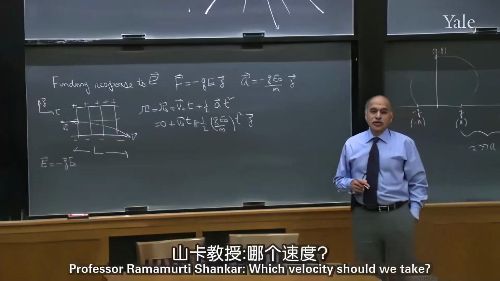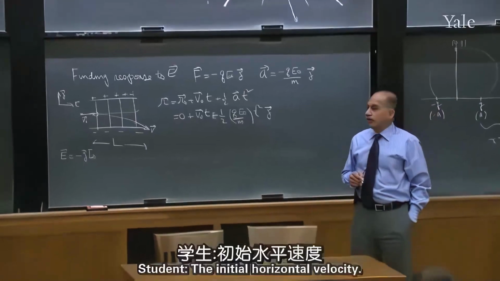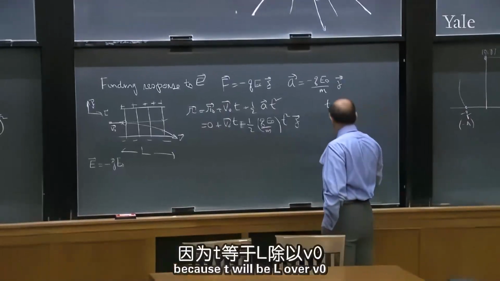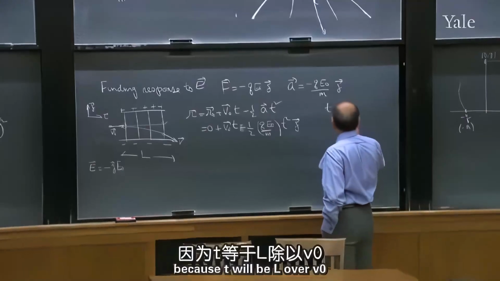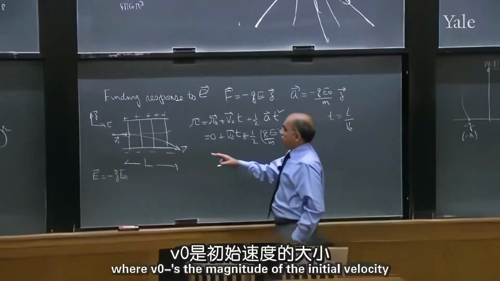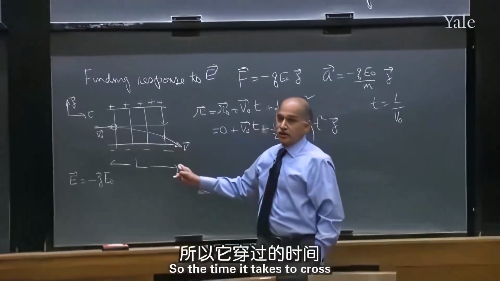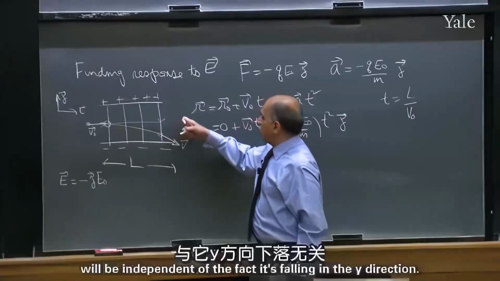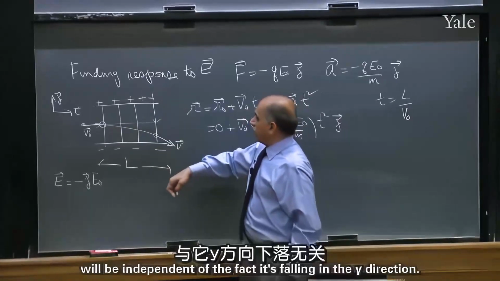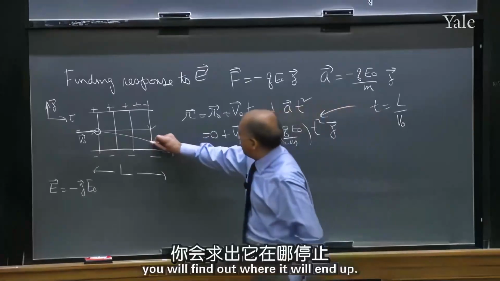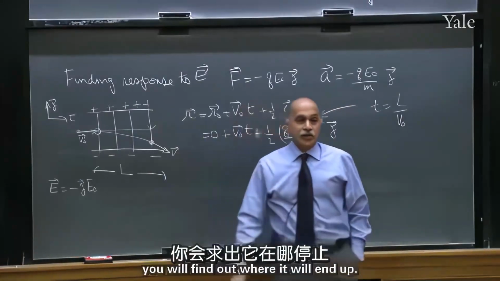Which velocity should we take? The initial horizontal velocity. That's correct, because t will be L over v naught, where v naught is the magnitude of the initial velocity, because x velocity is never changing. Acceleration is in the y direction, so the time it takes to cross will be independent of the fact it's falling in the y direction. So if you put t equal to all of this, you will find out where it will end up.